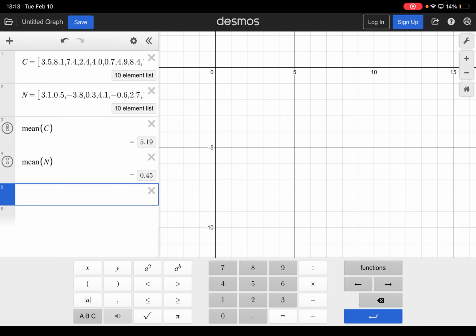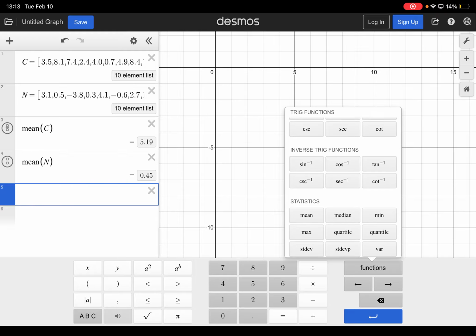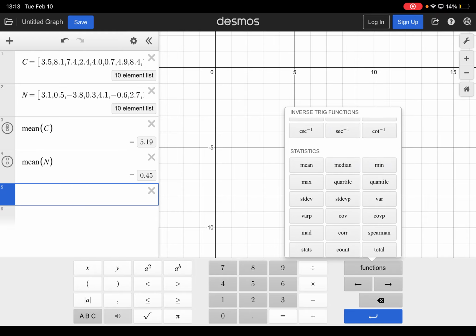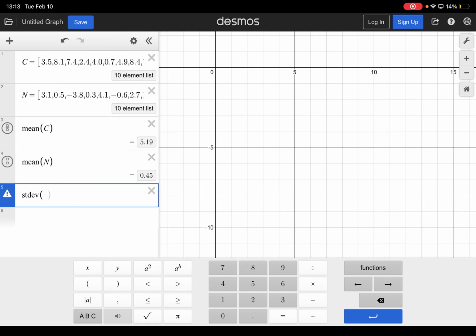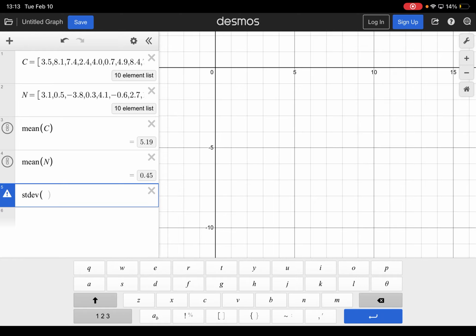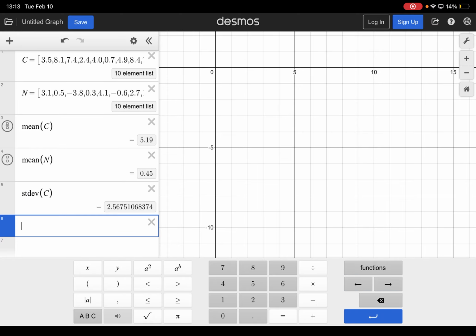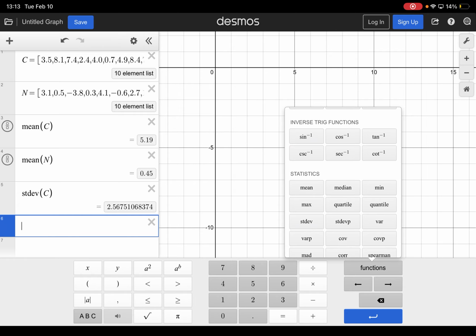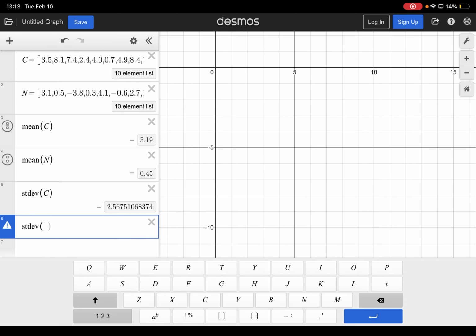Then we need our standard deviation, which again, we're going to go to our functions and click on STDEV, standard deviation, for both the coffee drinkers and the non-coffee drinkers. Notice I get 2.57 and 2.69. So I'm going to use all that data and fill it in.